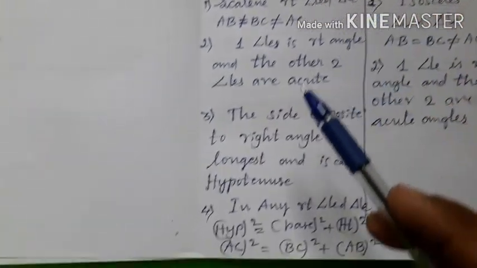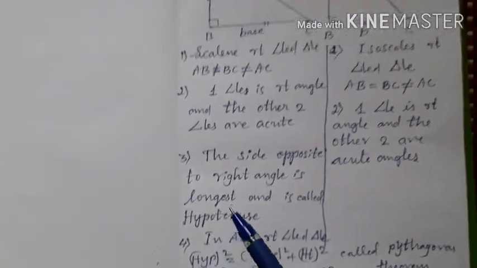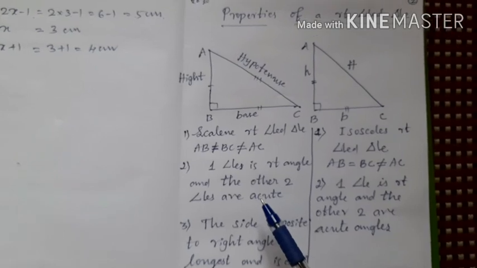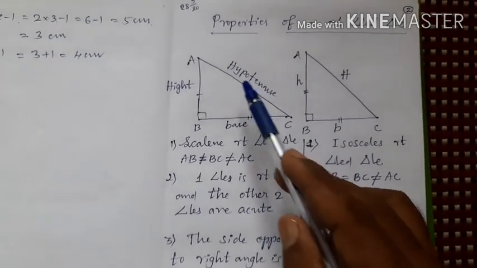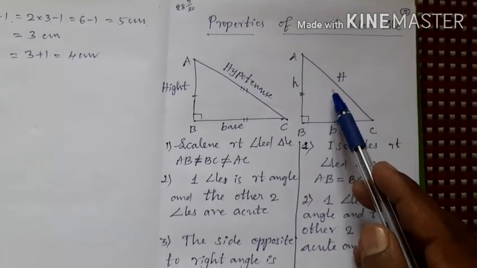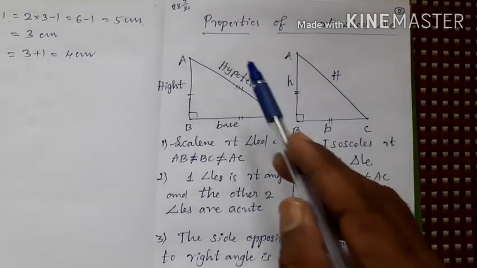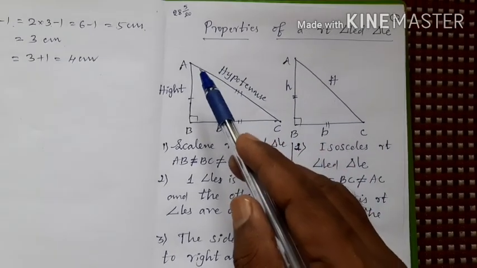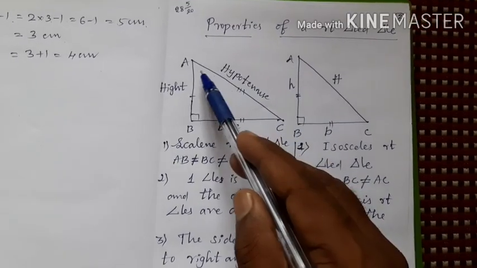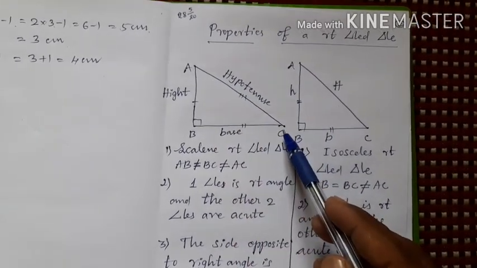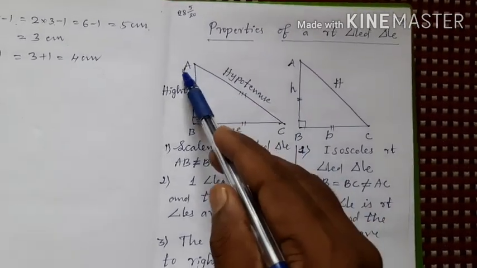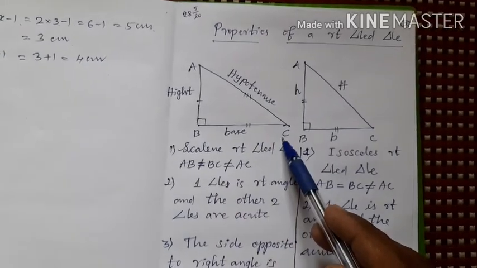Okay, then the Pythagoras theorem is applied only to right angled triangles. According to Pythagoras, in any right angled triangle, the hypotenuse square is equal to height square plus base square.